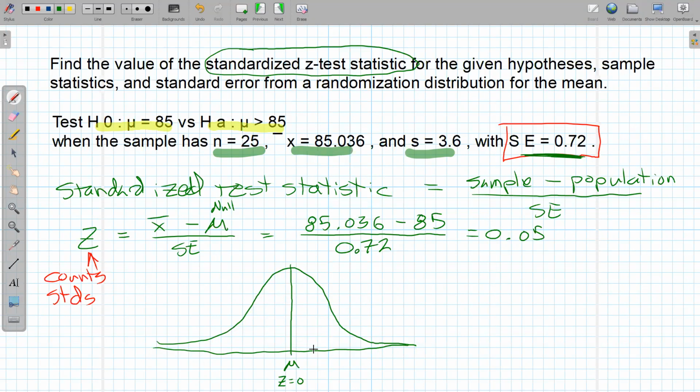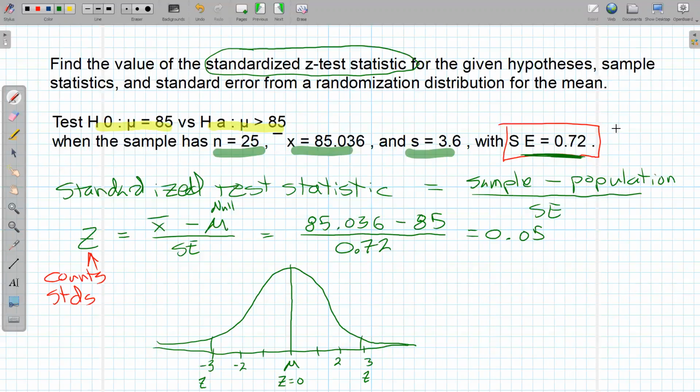And with z-scores, we expect within 1, 2, 3 standard deviations on each side. So here's z equals -3, here's z equals 3. We expect about 99.7% of the data to be in that range right there. Within 2 standard deviations, we expect about 95% of the data to fall in there. And that data could be the population, the data could be the sampling distribution, if they have a normal distribution.